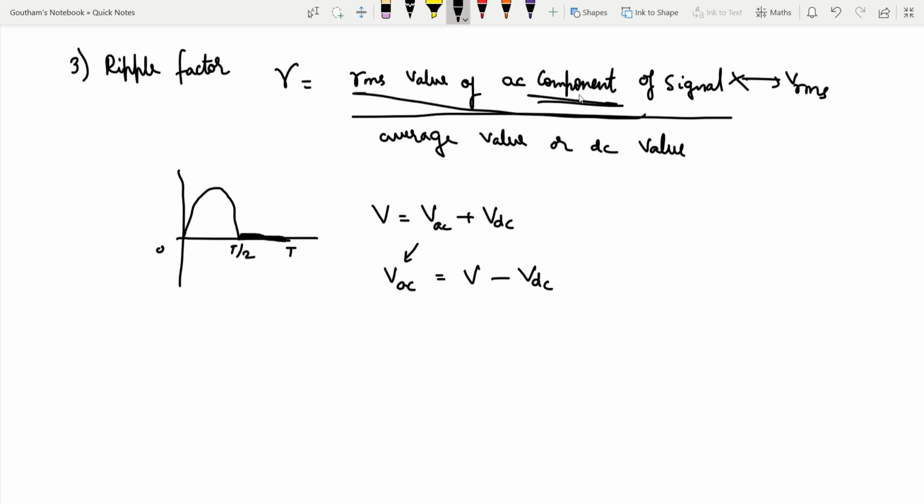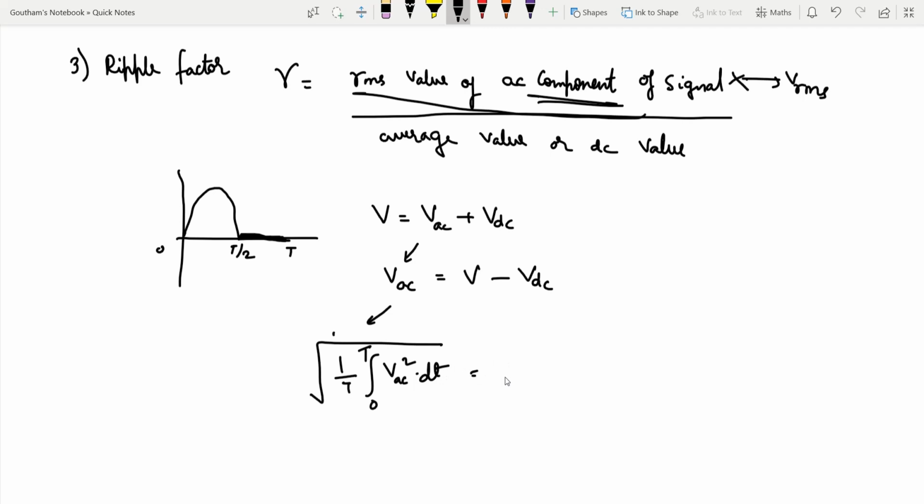We are supposed to find out the RMS value of the AC component. From the definition, this is nothing but square root of 1 by T integral 0 to T VAC square dt.